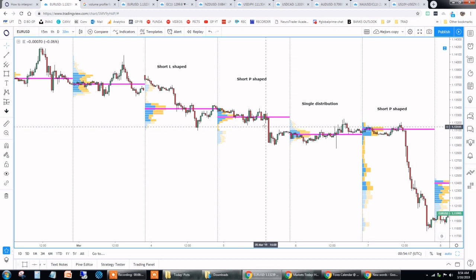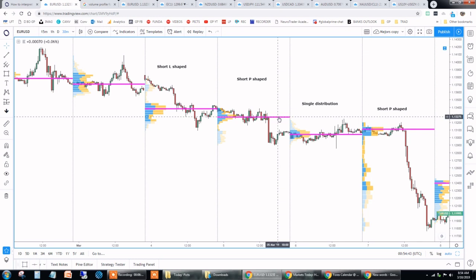The point of control is what you see here in a magenta thick horizontal line. It refers to the area in the chart with the most traded volume activity. This is by far the most relevant area that you want to be monitoring, as it can help you to define the placement of your stops or the areas in the chart where you want to get engaged in buy or sell opportunities.